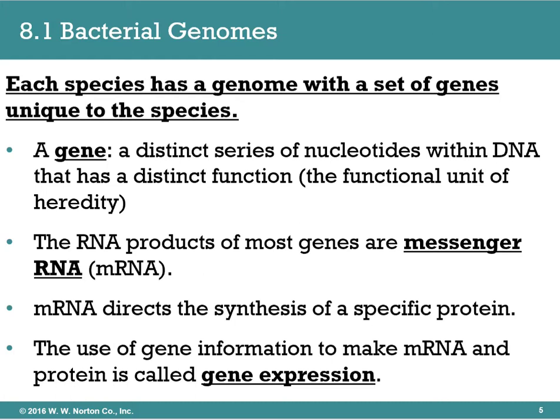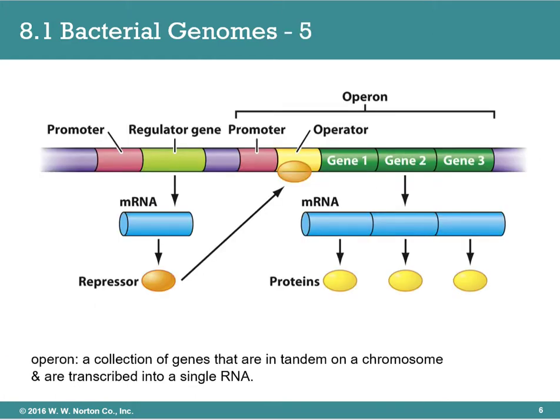The use of the gene information to make mRNA, and then the protein, is called gene expression. Gene expression is like its function, meaning is the gene turned on, is it supposed to be doing this?